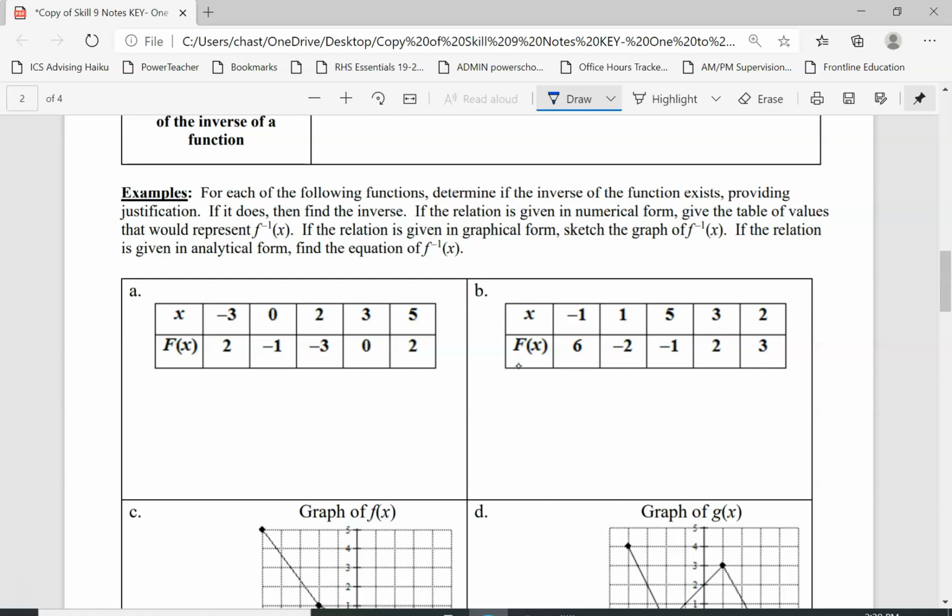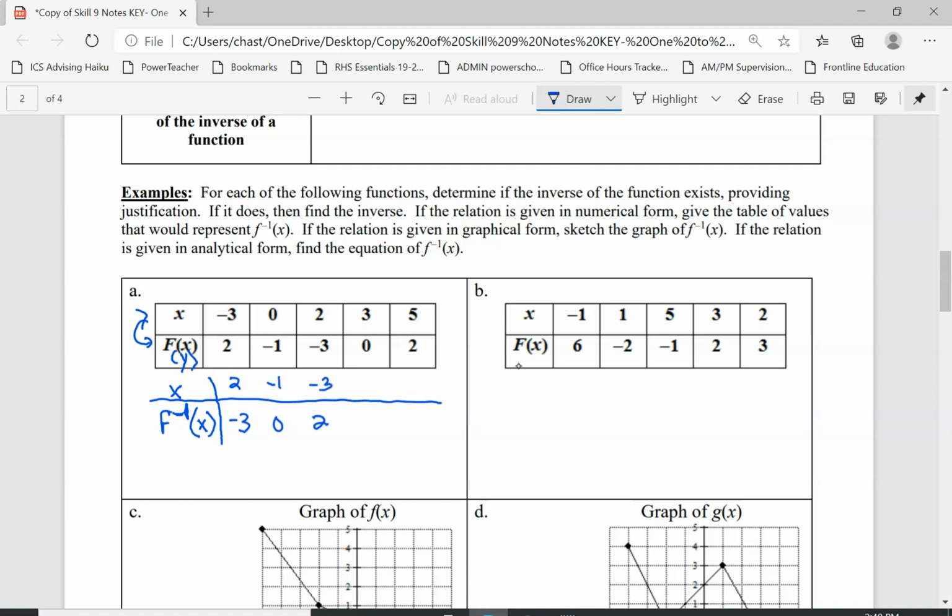Remember f of x is like y, so we're going to swap the x and the y's around. We'll have our new x and what's called f inverse of x. By the way, this f to the -1 is notation for inverse. So I'm going to take my above table and switch the x and the y around.